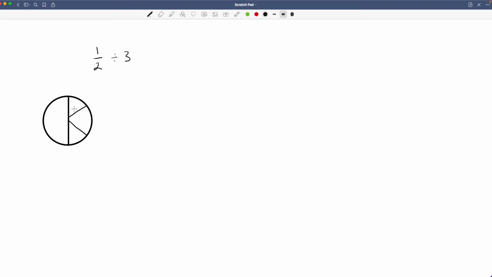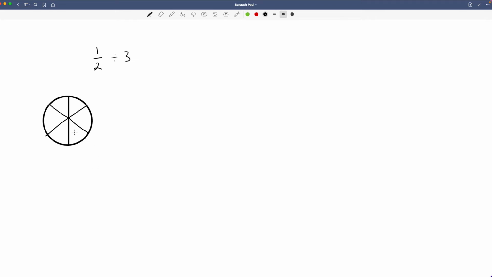That's 3 pieces. Well, I know that of the whole, this would be, well, my drawing's not very good, is it? If I can get it to do right. There we go. All right, so if I wanted to cut that into 3 pieces, I would have to do something like this. We'll just pretend that they're equal pieces.